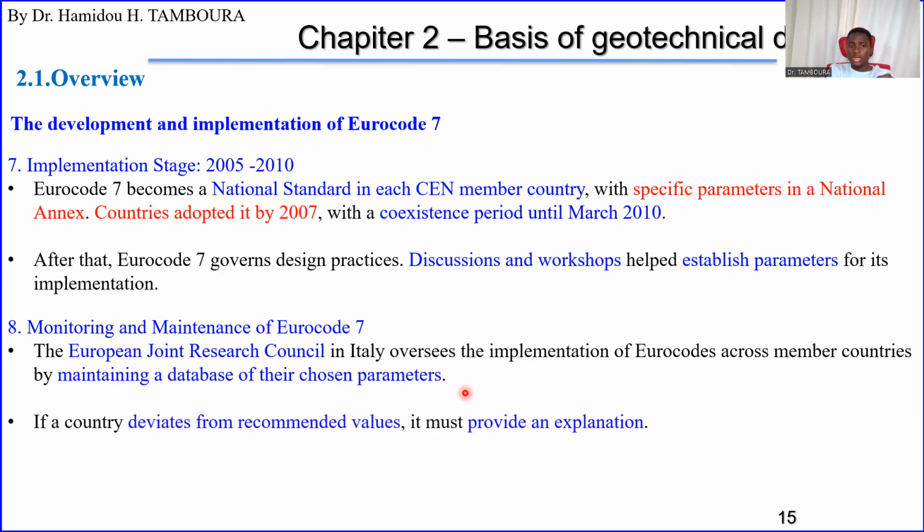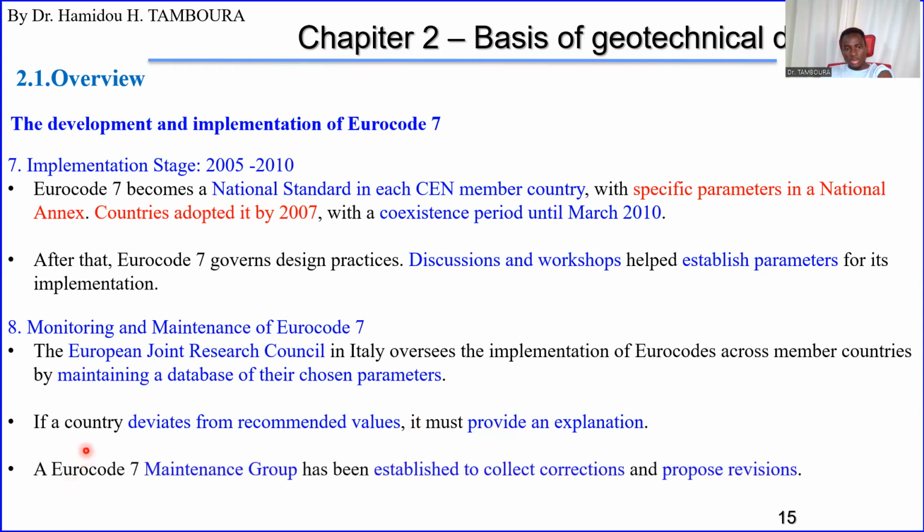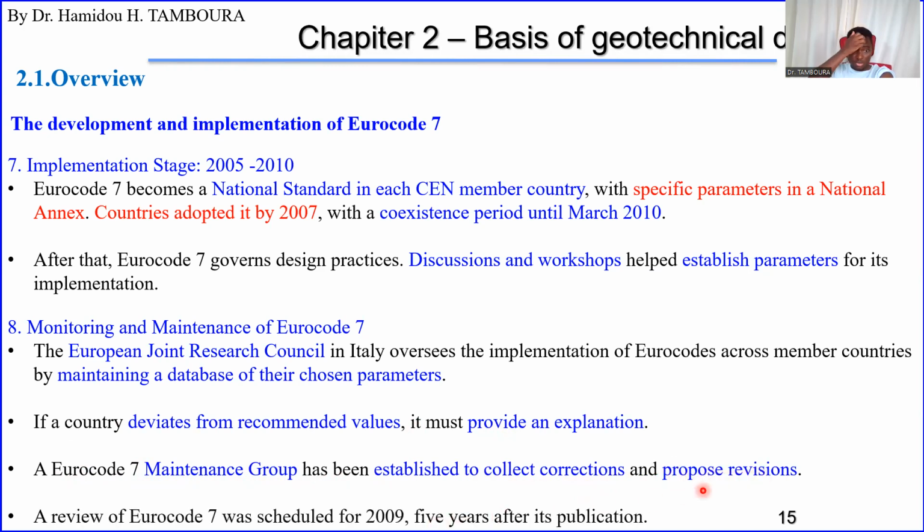If a country decides to change a parameter, they have to give a good reason and provide an explanation. A maintenance group for Eurocode 7 was established to collect corrections and propose revisions. I think they revised the code in 2009, but I'm not sure, just 5 years after the first publication.